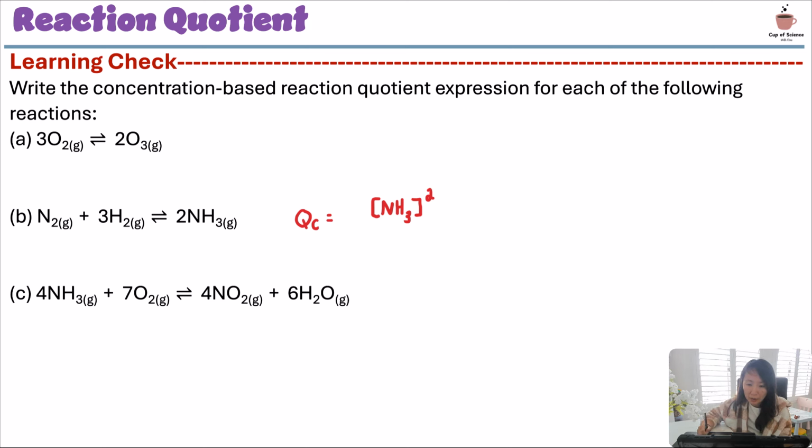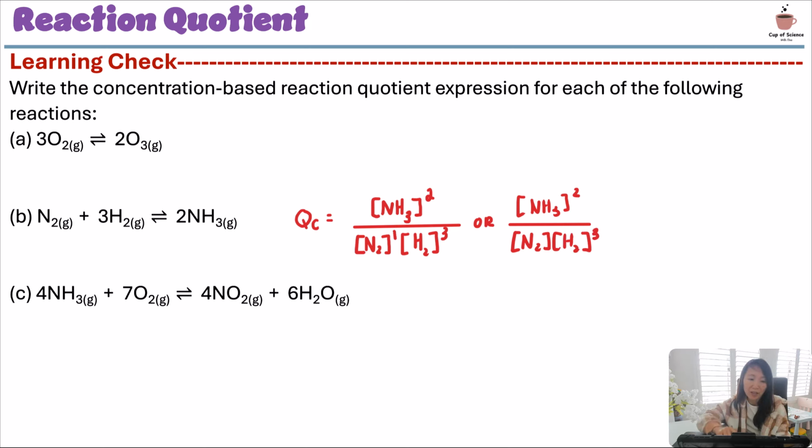Then I'm going to put a division sign, because on the denominator we have N2, and that's to the first power, and then H2 to the third power. You don't have to write the 1, so we can write it like this. That's up to you. Now you try A and C and come back.